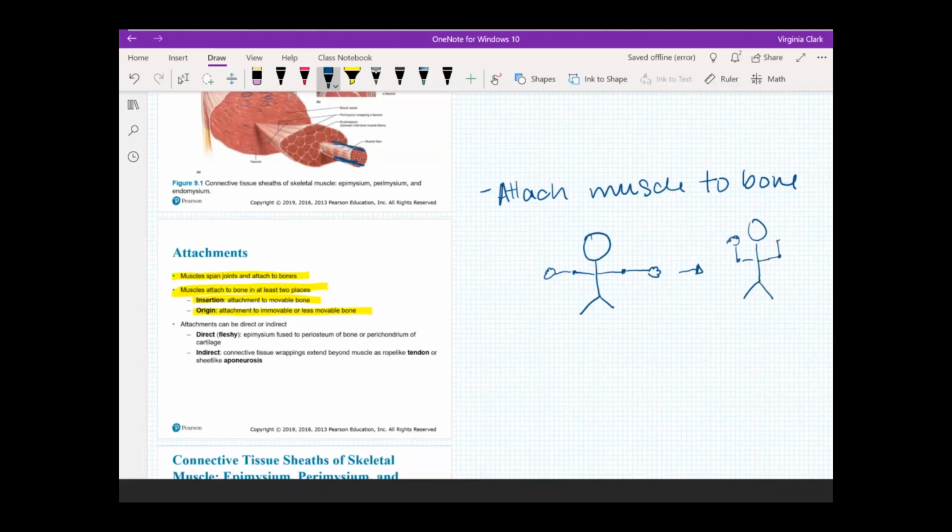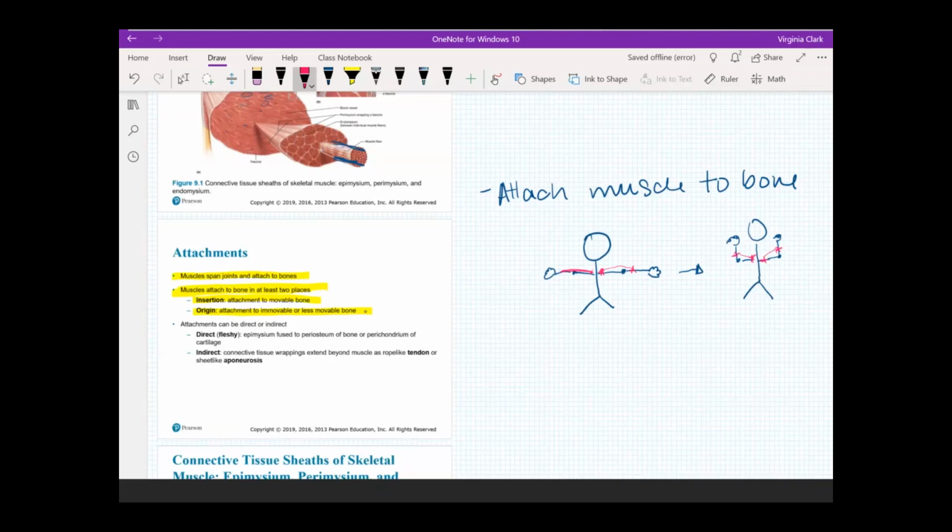The way he does this and how it actually works is because the muscle that is attached here at his shoulder is also going to be attached here on his arm. So when he flexes, it goes from here at his shoulder, here at his arm, on both.